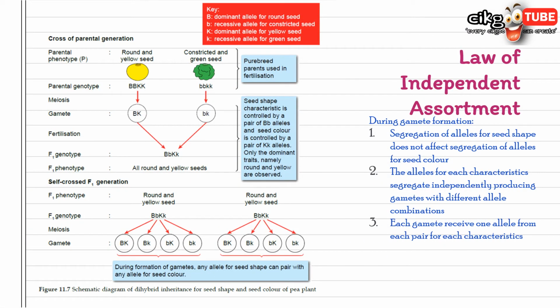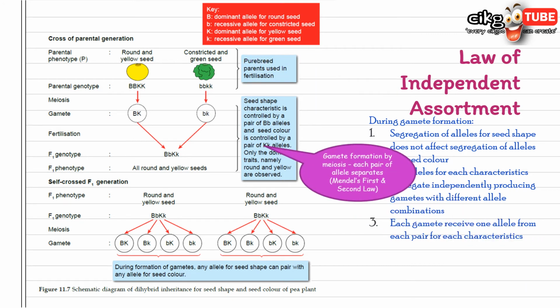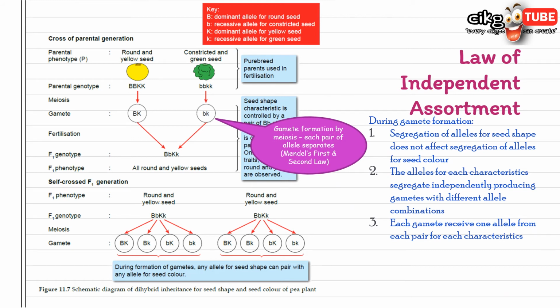This means that during gamete formation, the segregation of alleles for seed shape does not affect the segregation of alleles for seed color. And the parent has to be pure breed, parental generation. Then the alleles for each characteristic segregate independently of one another, which results in the production of gametes with different allele combinations.